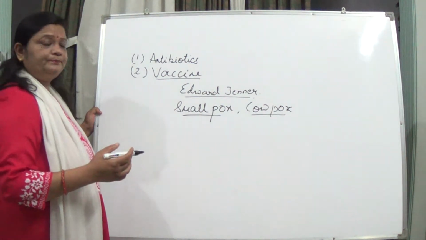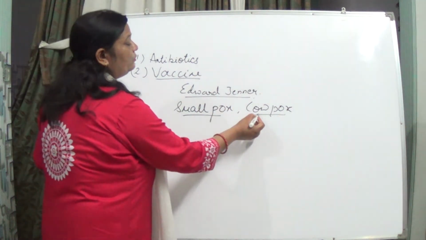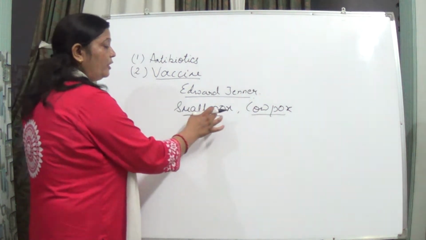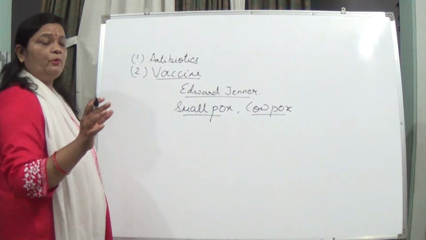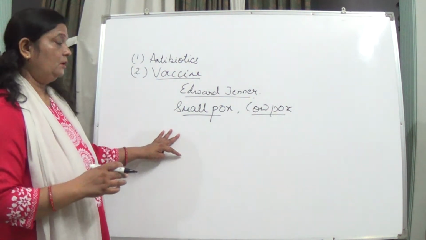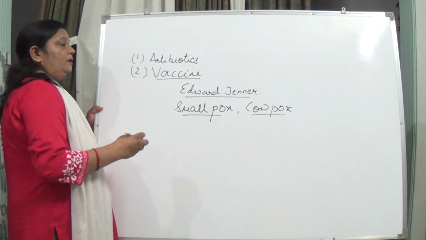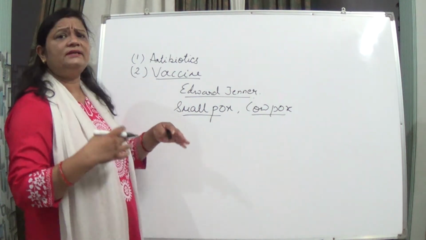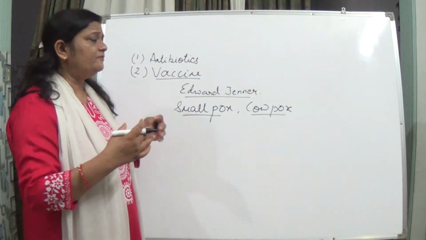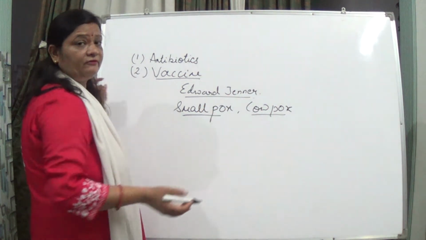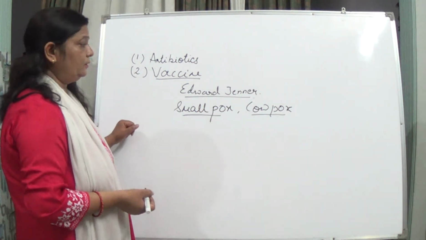It was seen that cowpox was not as severe as smallpox. Smallpox was deadly and even caused death. People of that area told Edward Jenner that those who had suffered from cowpox were no longer suffering from smallpox.